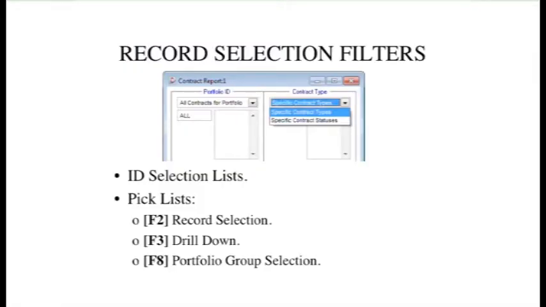So the pick lists are what you're going to use first to identify what kind of records you're looking to output. If you're looking to just create a report for one portfolio or select portfolios, you can select your portfolio filters using your F2 or your F8 functions for your portfolio to select which portfolios you want to report.